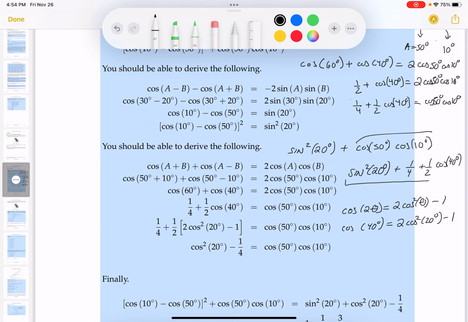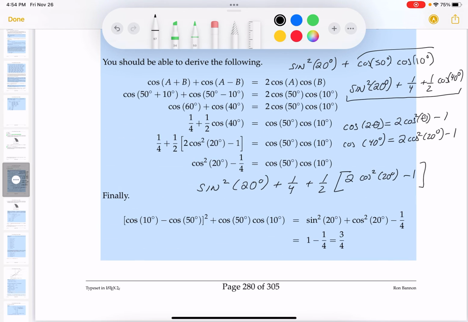So I'm going to take this and rewrite it as sine squared 20 degrees plus 1/4 plus 1/2. And the cosine of 40 degrees is this thing over here, which is 2 cosine squared 20 degrees minus 1. I've got some work to do, don't I? Let's write this down.